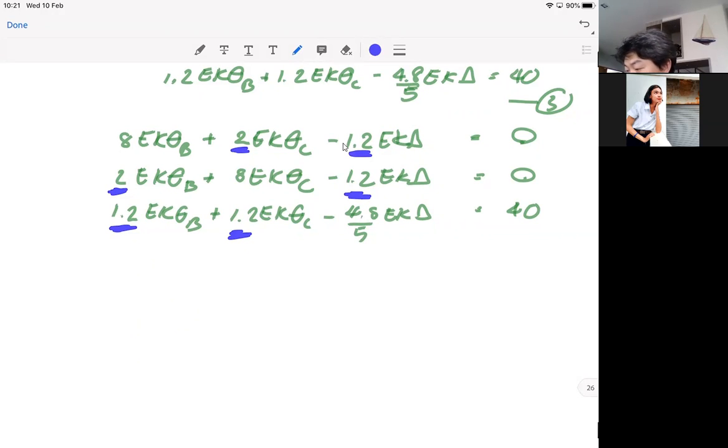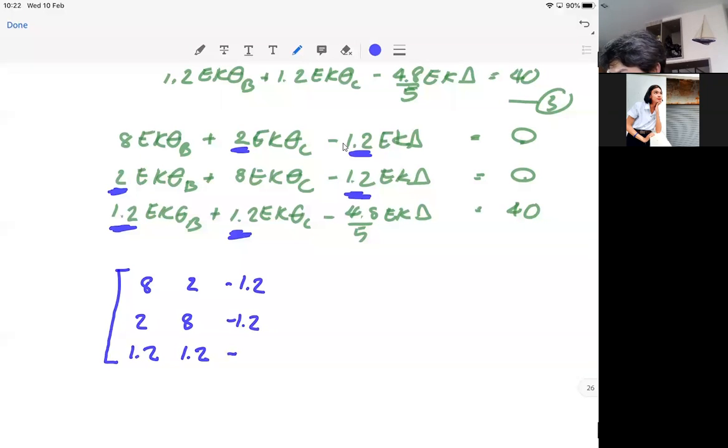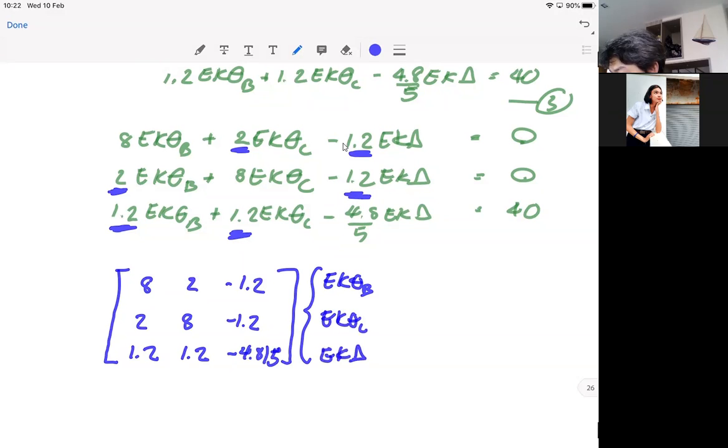Because this is the stiffness of the typical structure in the elastic world. So I can write 8, 1.2, 8, 1.2, minus 1.2, minus 1.2, and then minus 4.8 over 5, times EK zeta B, EK zeta C, EK delta, equals 0, 0, and 40.